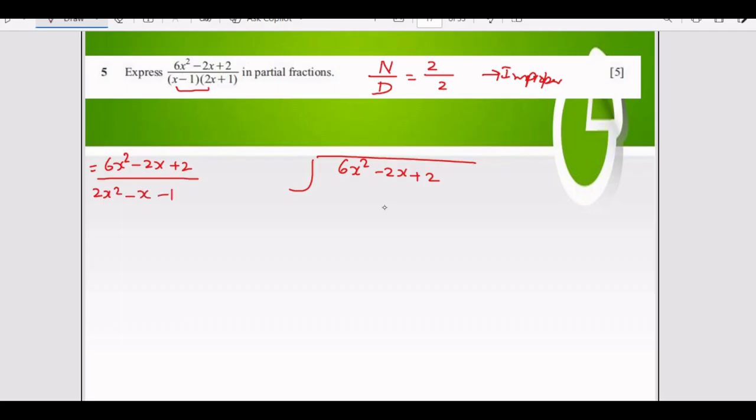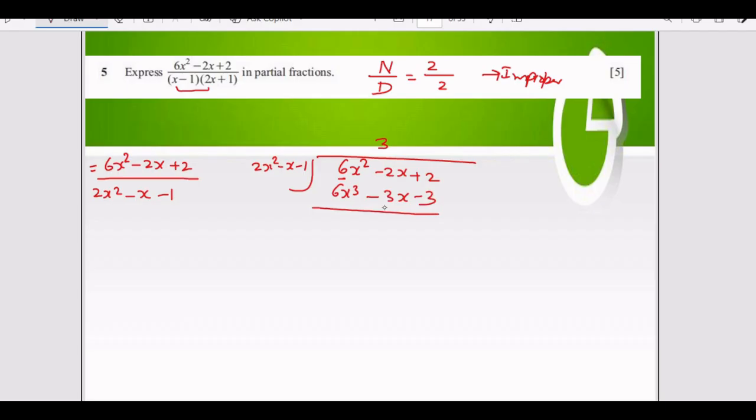So we will divide by this 2x squared minus x minus 1. We need 6x squared here, so we multiply by 3. When you multiply by 3, I'm getting 6x squared, then minus 3x minus 3.